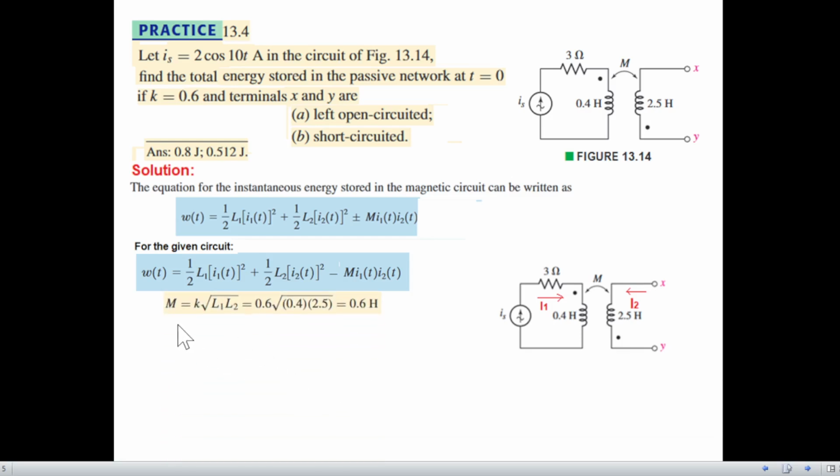Then we use this formula to find the coupling coefficient M, which is k times the square root of L1 L2. K is already given in the question, 0.6, and L1 and L2 you can see from here, 0.4 and 2.5 Henry. So M will be 0.6 Henry. In this circuit we replace M by 0.6 Henry.